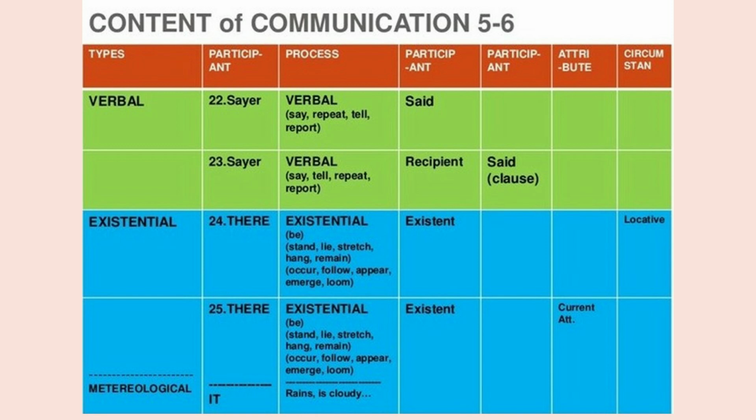The next one, existential: the participant is there. The process existential like be, stand, lie, stretch, hang, remain, occur, follow, repeat, appear, emerge, and loom. And the participant is existent. The circumstance is locative. The next, there, the process existential, the participant existent, and the attributive current attributive.